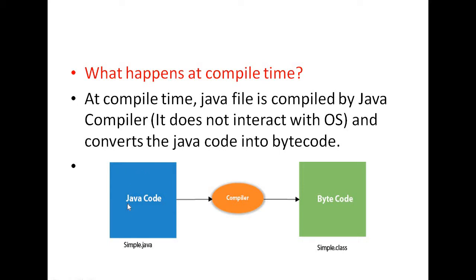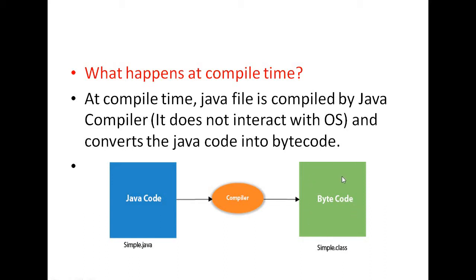Whenever I compile the Java program, the compiler produces the equivalent bytecode of that source code, and the extension of the bytecode is always .class. So whenever simple.java is compiled, it produces the simple.class file, and this is called bytecode.